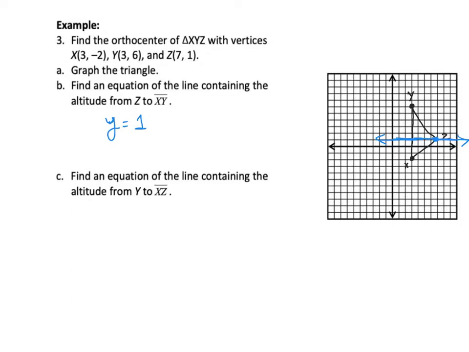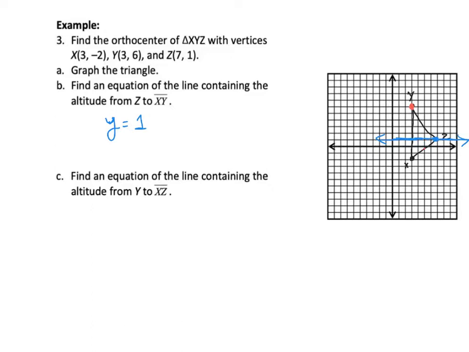Now, our next step is to find the equation of the line containing the altitude from y to xz. So start at y and go through xz. So that means we're starting at the point y, and we need to go through this xz line somewhere.